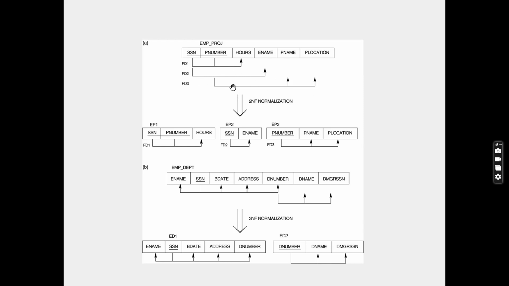So because of this reason, we can conclude that these two are not in second normal form. Therefore, we can break this. How do we break it? We take these three into one relation. Then social security number and name, we take as another relation. Project number, project name, project location, we take as another relation. So initially we had a single relation, and now we break it into three relations.